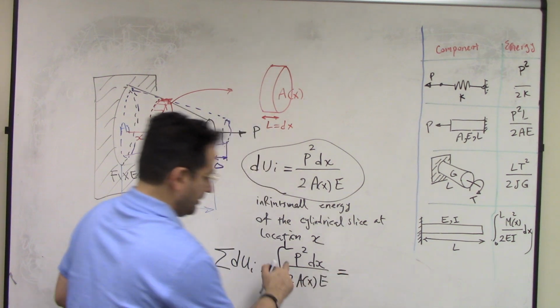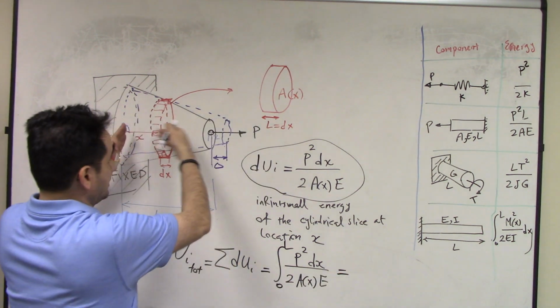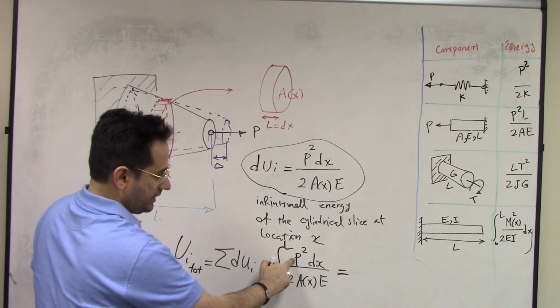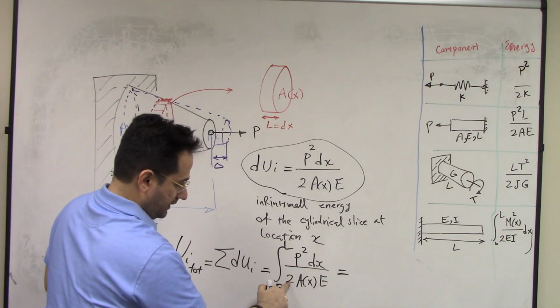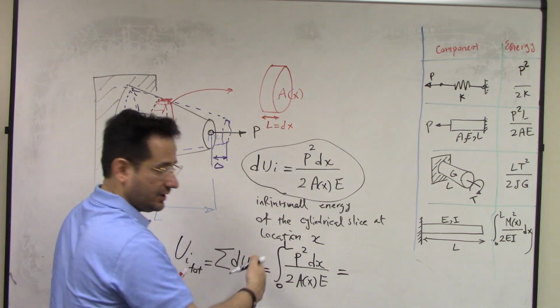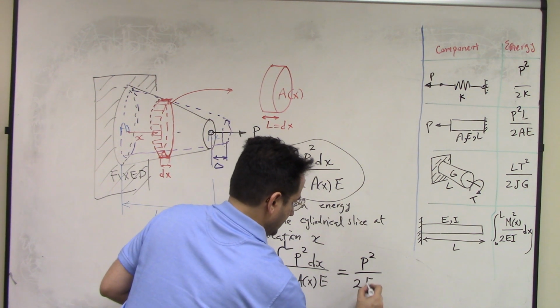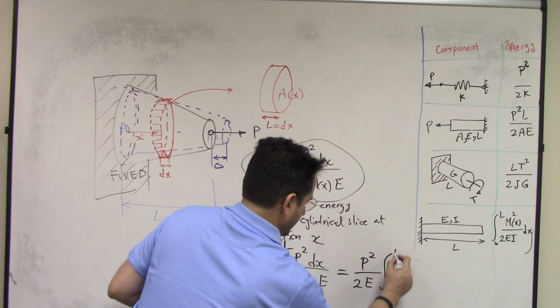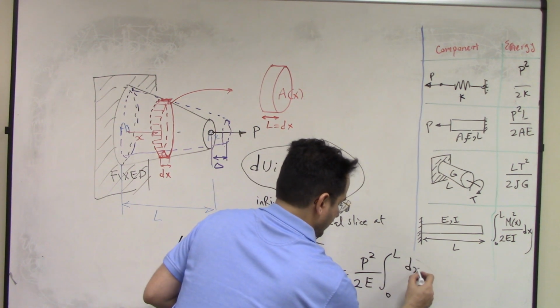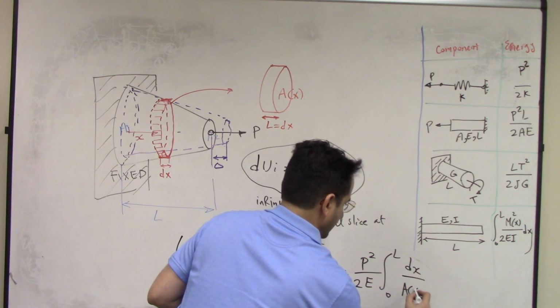Now, here P is a constant across all x. P is not a function of x, E is not a function of x, 2 is not a function of x. Just take them out. So you have P squared over 2E times the integral from 0 to L of dx over A(x).